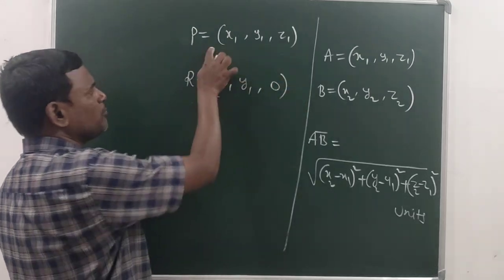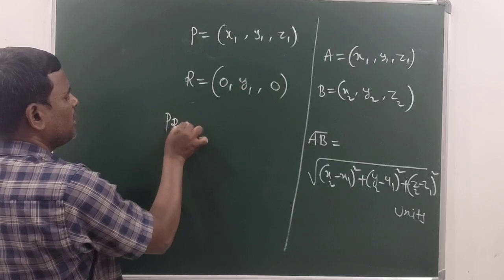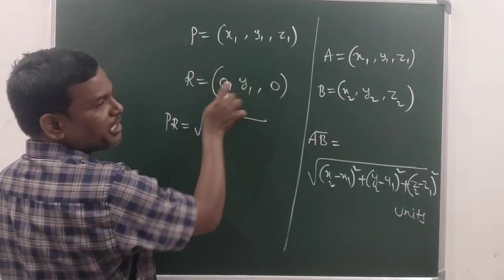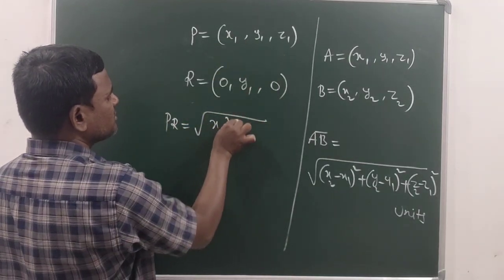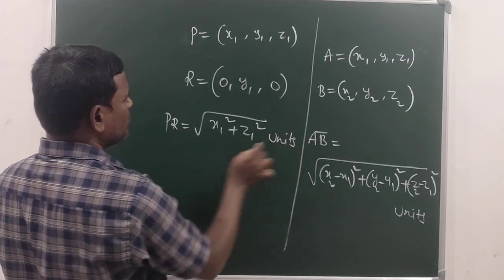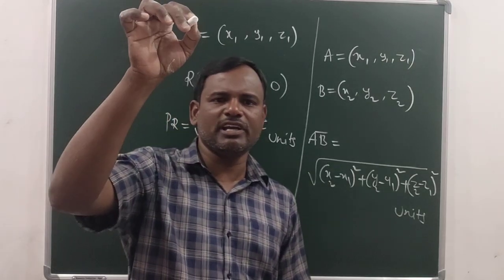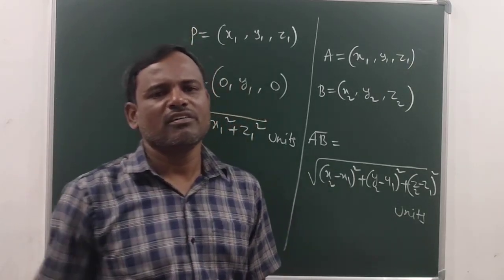This is the projection of P on the y-axis. Now get the distance between these two, PR. How much do you get? This part becomes 0. Root of x1 square plus z1 square units you will get. What is this? The distance from the point given in the space to the y-axis.